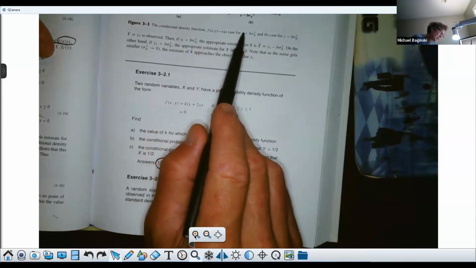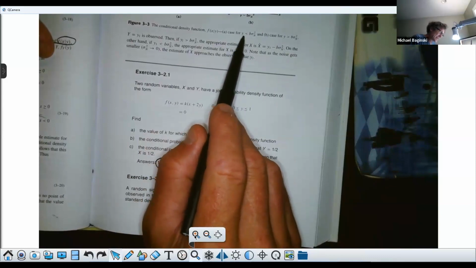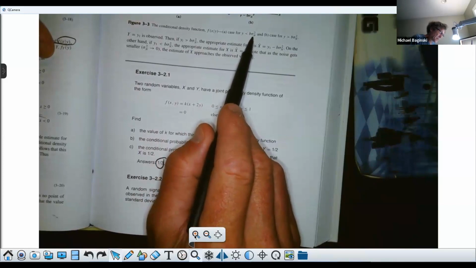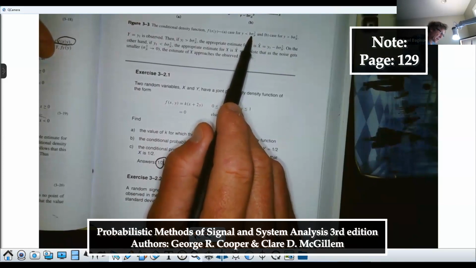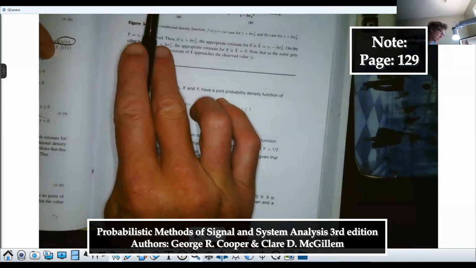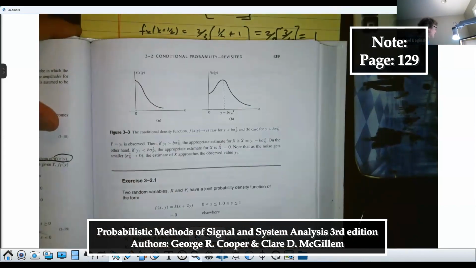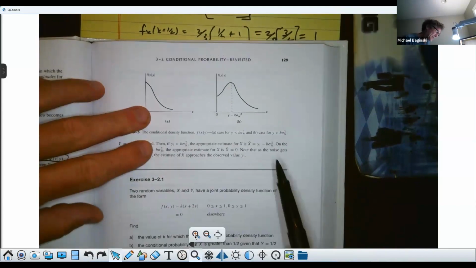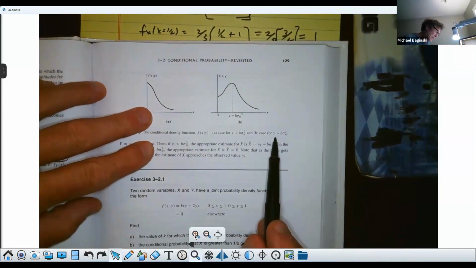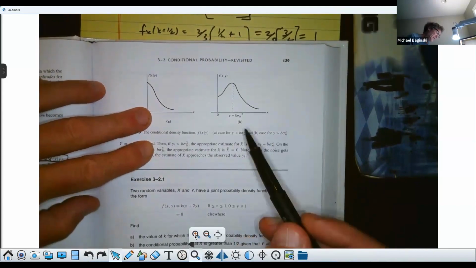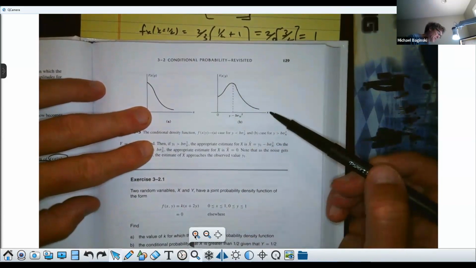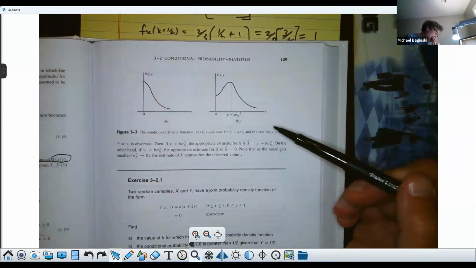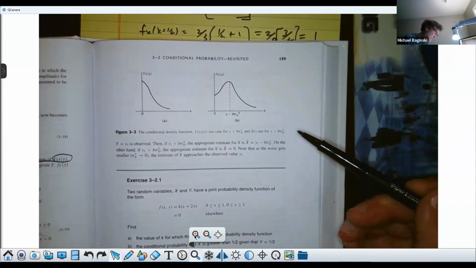And he's saying when certain conditions occur, if y is less than this value, which is going to be negative, this is going to be a positive value, then f of x given y has a peak right at 0. But for the case of y greater than this, then these statistics get a little skewed and you end up having to solve for the derivative.